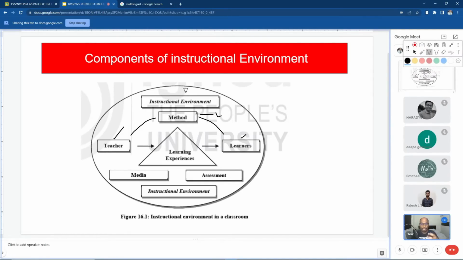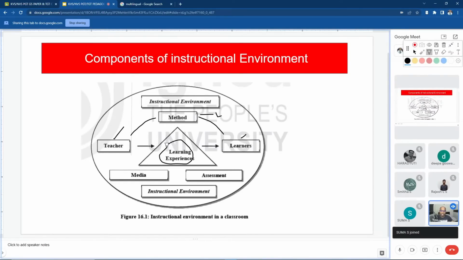You are using a lecture method to teach something. So that is actually instruction from the school that you have to teach. For example, you are teaching grammar articles and you are using lecture method, and we are all learners, we are listening, and that will create one learning experience. So when you teach articles using lecture method, that creates one learning experience.